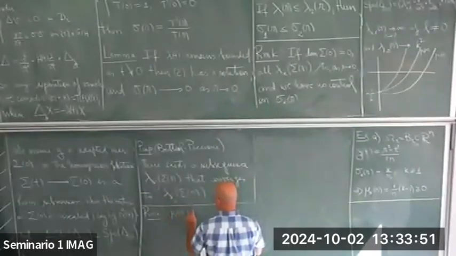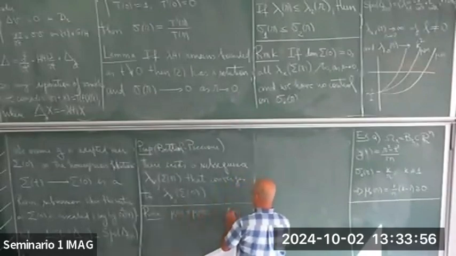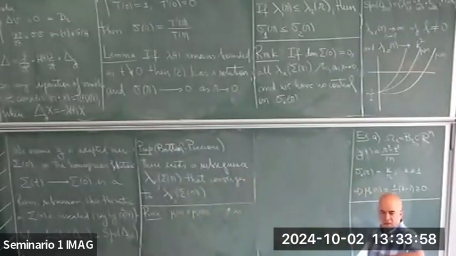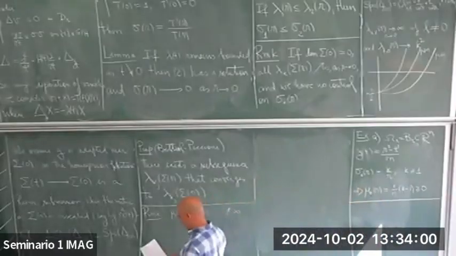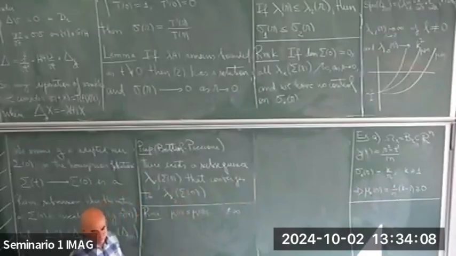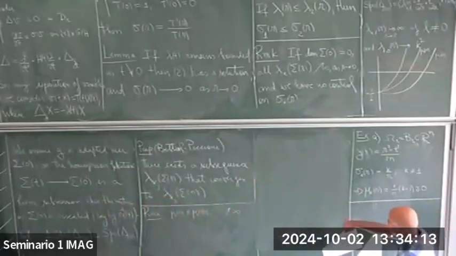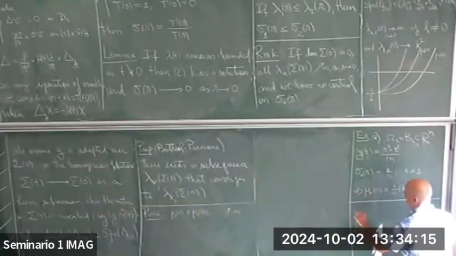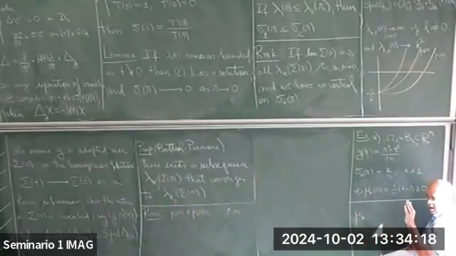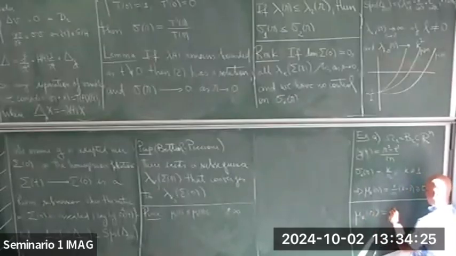We don't know what the sign is. And we fix R. It's a sequence going to plus infinity. And mu k is the eigenvalue of L R.